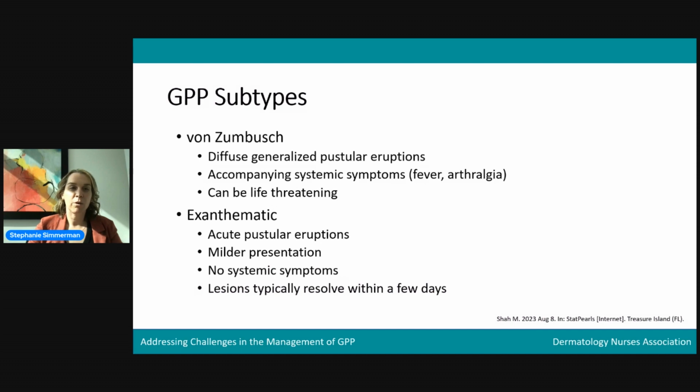These are the patients that we are not going to just treat in the office, because this can be a life-threatening condition. Then we have our more mild patients that have no systemic signs and symptoms, and the lesions typically will resolve within a few days. So it's really looking at it and saying, is this somebody I'm going to need a little assistance with, or is this someone that I think I can manage here in the derm office?